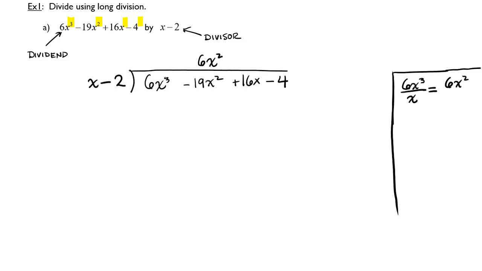We take the first term and we multiply it to each of the terms in the divisor. So if I multiply 6x squared to x, I will get 6x cubed. If I multiply 6x squared to negative 2, I will get negative 12x squared. Then I subtract everything that I just multiplied from what I started with.